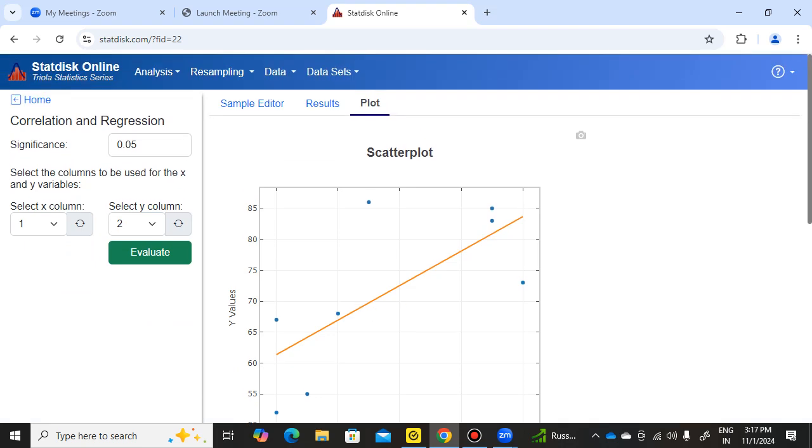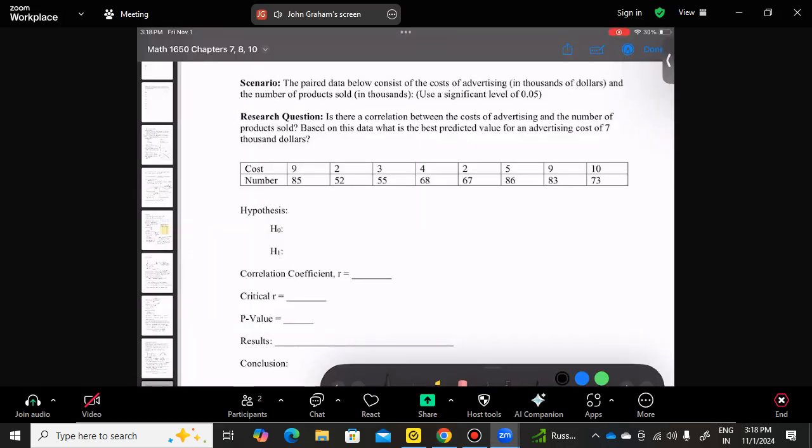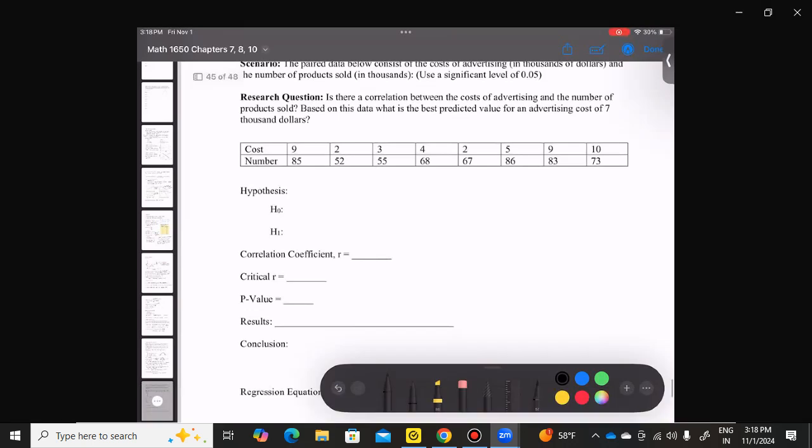It looks like it's going to be. So our hypothesis again: null is r equals 0, or no correlation. Alternate is r does not equal 0, or there is correlation.